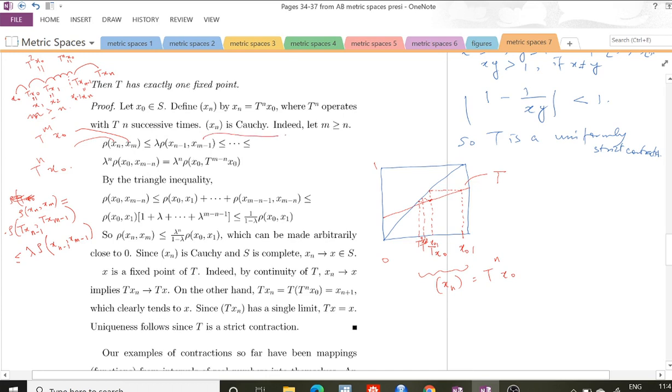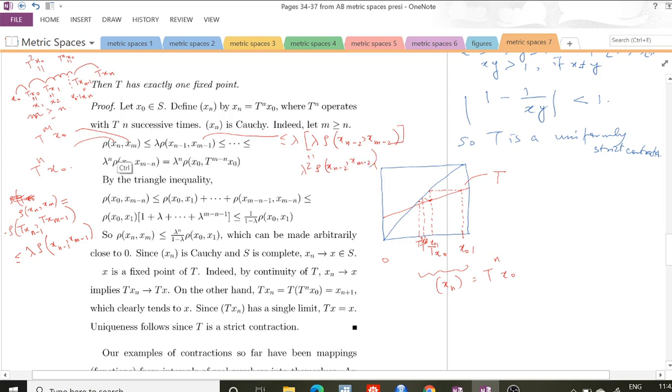So this is less than or equal to, I take the lambda out, lambda times the distance between x_{n-2} and x_{m-2}. So that's lambda squared times the distance between x_{n-2} and x_{m-2}.